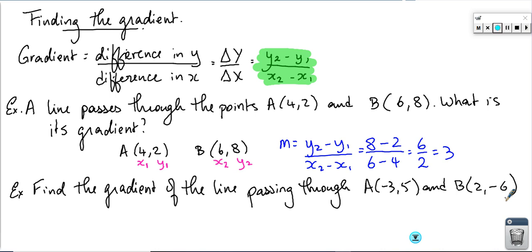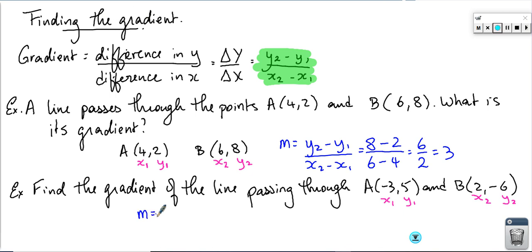I'm going to do the same thing that I've done in the other example. So I'm going to say this is x, this is y, this is 1, this is 2. It will not matter. Okay, it doesn't matter in which way you write them down.